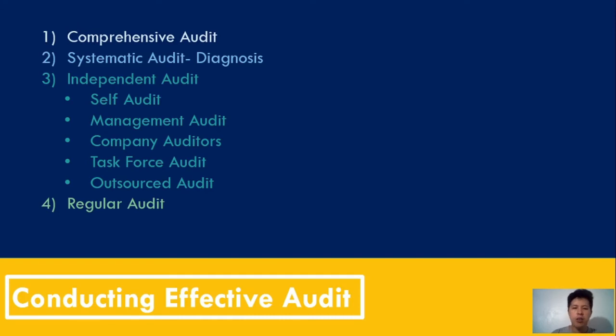A systematic audit is a diagnosis of the entire system step by step to determine any process that is not productive or any errors within the process that result in some kind of deterioration of the company's identity and financial capability for that particular instance.